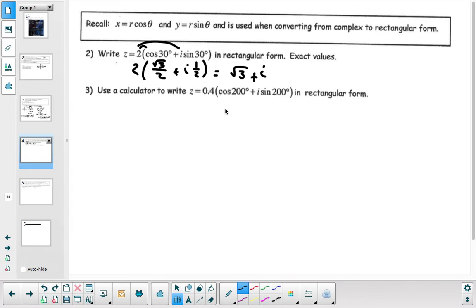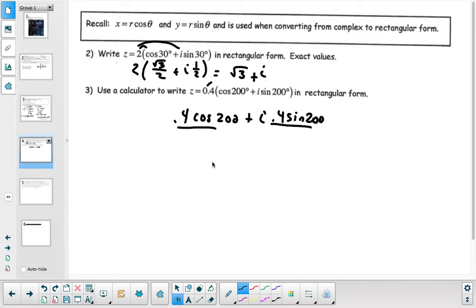Using a calculator, basically you're going to type in 0.4 cosine 200, and then you're going to type in 0.4 sine 200, and it should come out as gross decimals.